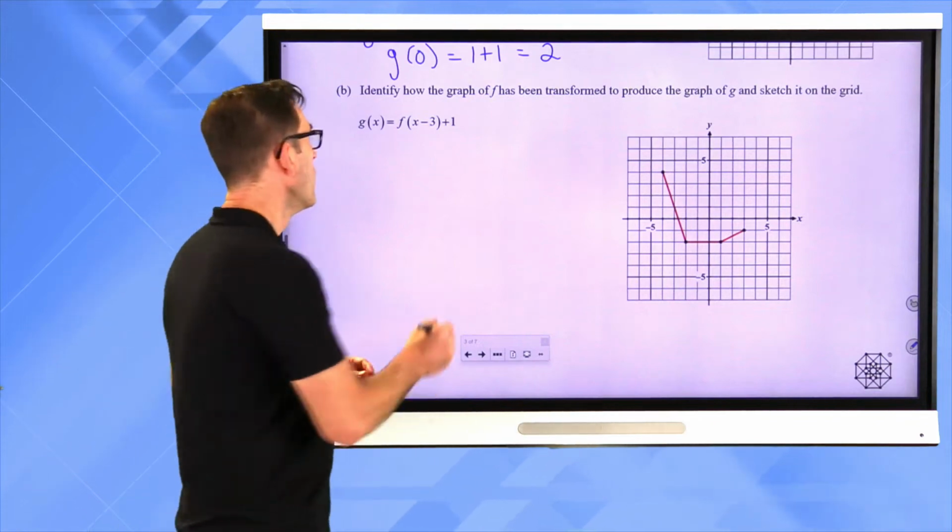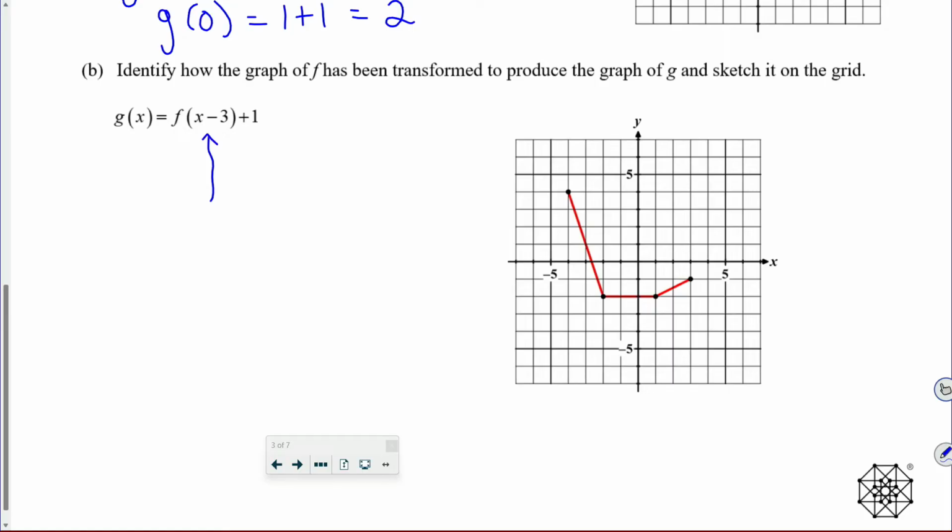All right, well, the subtraction by 3 means that we're going to go right 3 units, and then the fact that we've added 1 overall means that we're going to go up 1 unit.